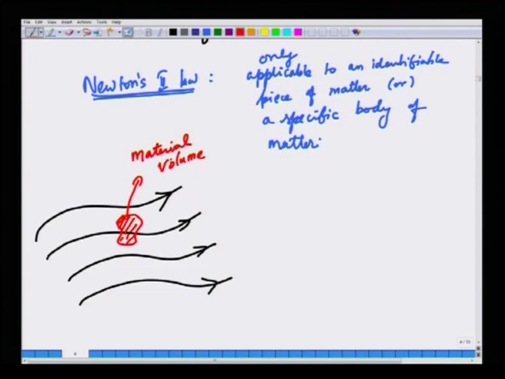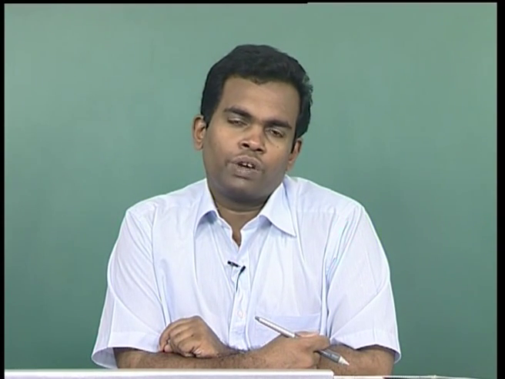So, earlier in kinematics we discussed the notion of a single fluid particle, which was identified by its initial location. A material volume is merely a collection of various such fluid particles, and we can look at their motion collectively together. As the fluid flows, this material volume will move, stretch, deform and so forth.